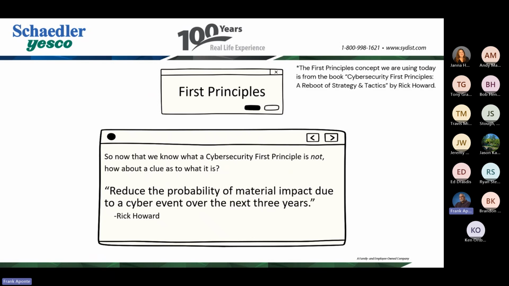It's not very prescriptive, but it also gives you something to focus on. You're trying to reduce the probability of something happening. Notice it doesn't say reduce any occurrence of a material impact. What you're trying to reduce is the material impact due specifically to a cyber event, and you've given yourself a timeline of 3 years.